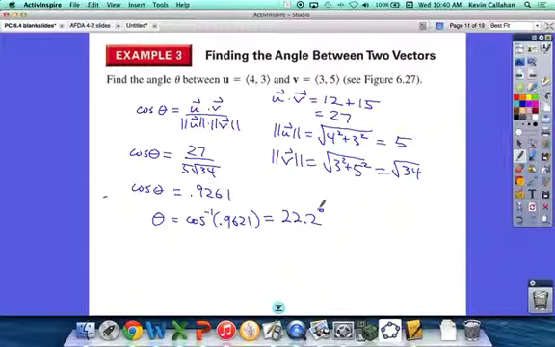You got 0.9261. Yes. And then at the bottom you got 962. I flipped it around. That was a mistake. In the calculator, I used the 0.9261, which is still on the screen. So I didn't enter it in wrong. It should still be 22.2. I just miswrote it.